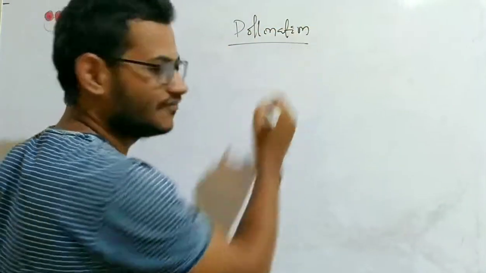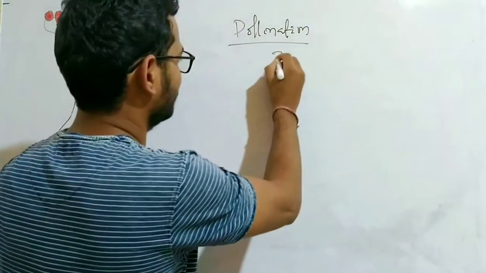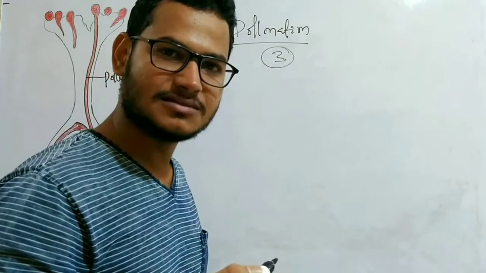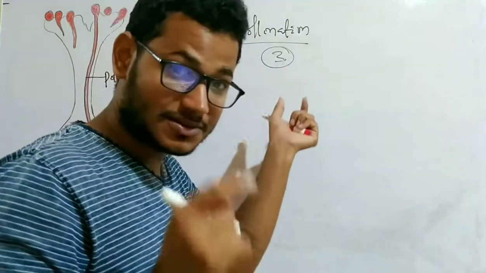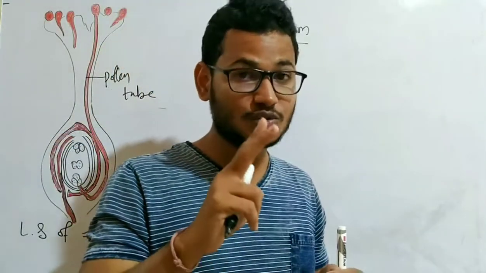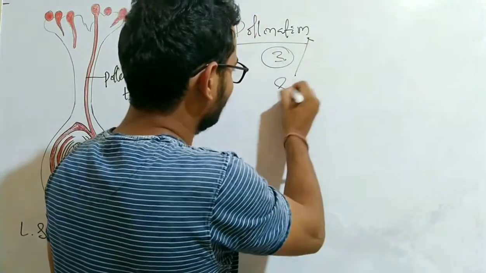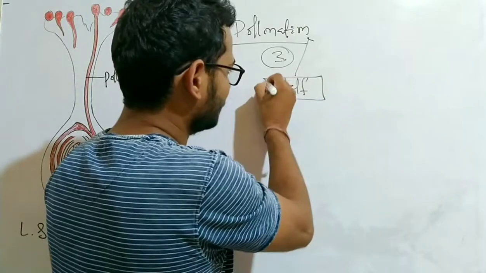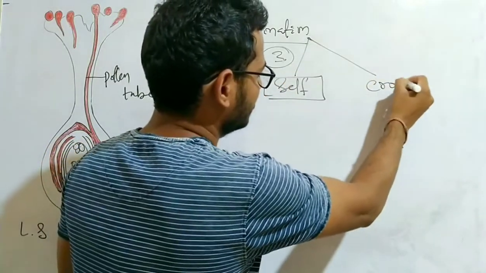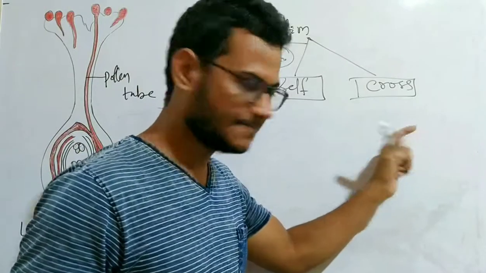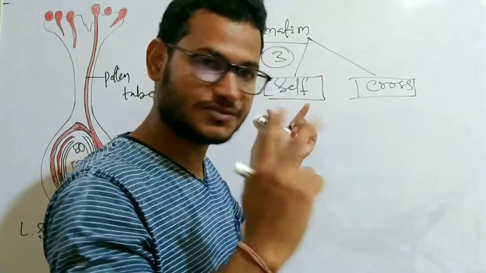Pollination is of three different types. How many? Three. So what are the three different types of pollination? Remember, the three different types of pollination come under two different categories. One is self-pollination, another is cross-pollination. Self and cross-pollination. Clear? The self-pollination has two different parts.